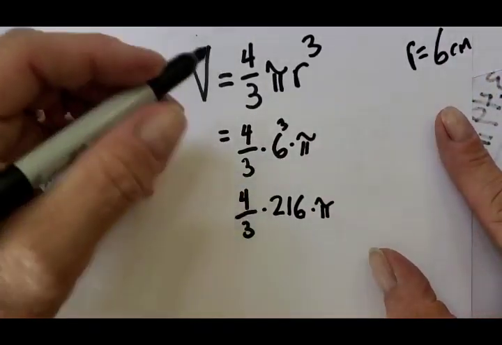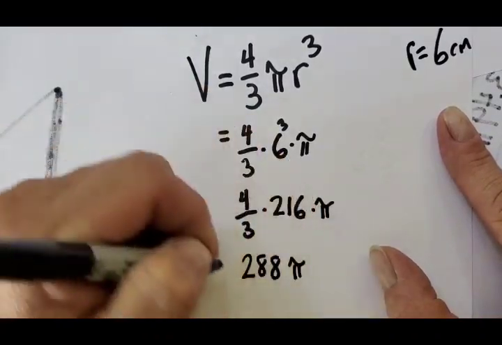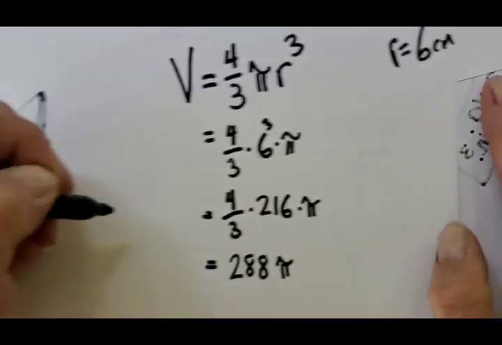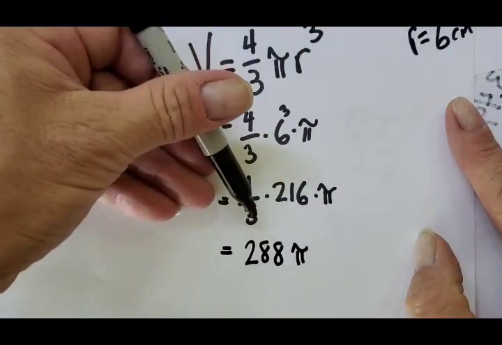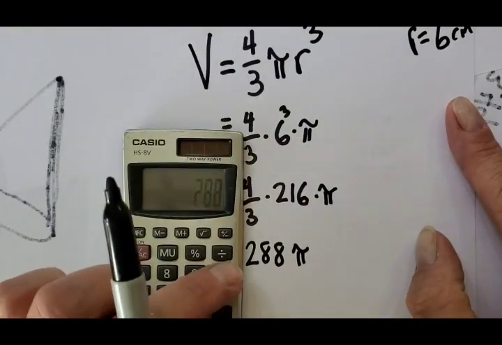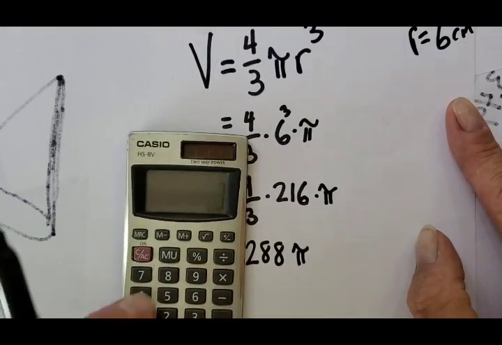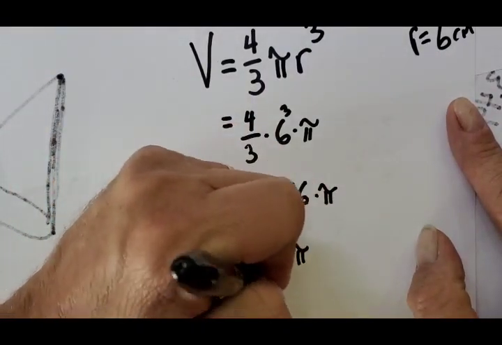So it's 288 pi. I got that by multiplying these two values and then dividing by 3. That's how I simplified it. So 288 times pi. Pi is 3.14 for us. That's 904.32.